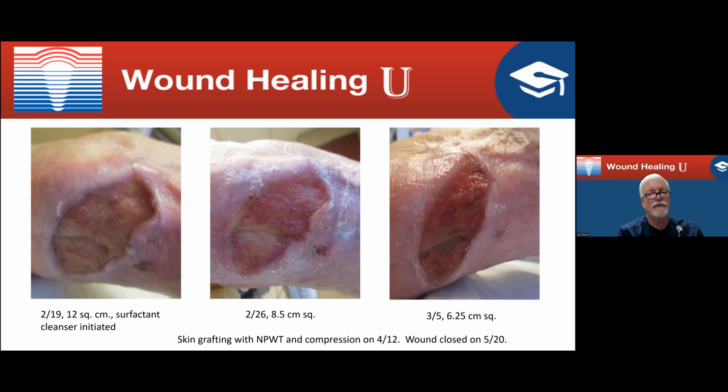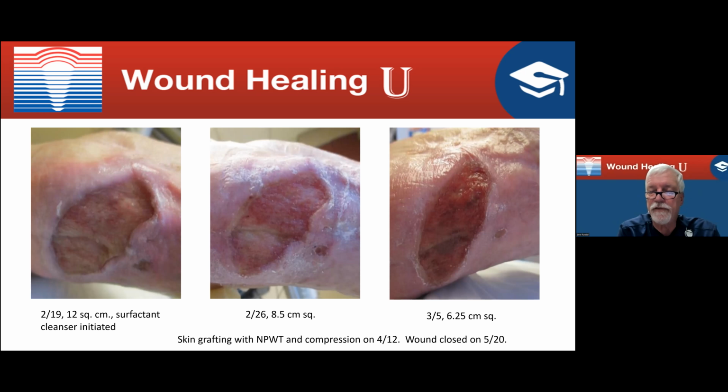If you look at the left-hand picture, your first inclination may be to use enzymatic debridement on that. However, that had already been tried with her. So this was not necrotic tissue, and this responded very nicely to a surfactant cleanser.